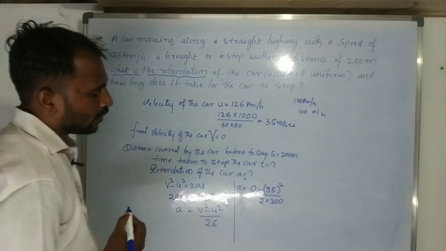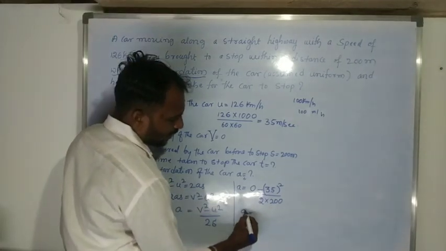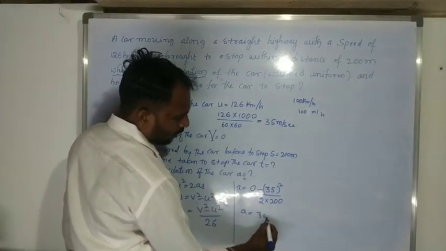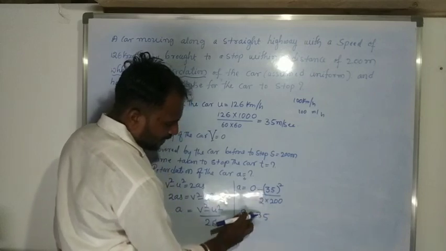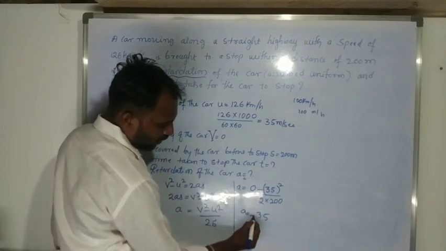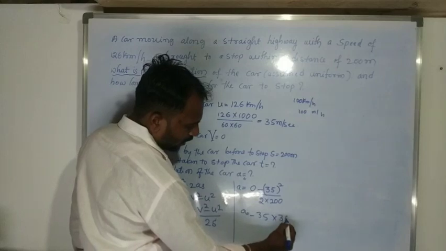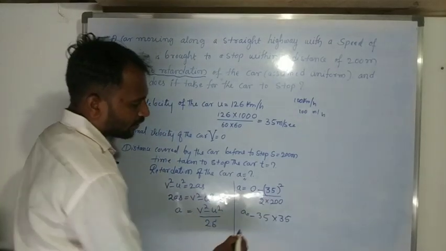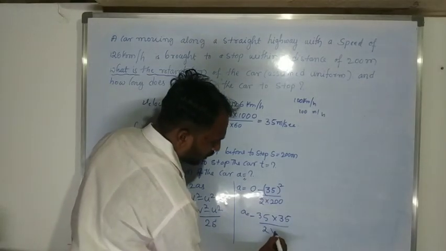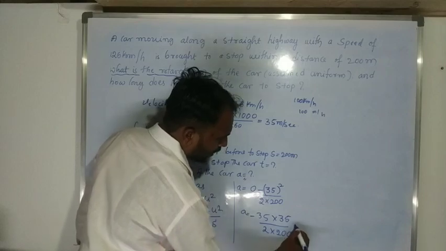So acceleration a is equal to minus 35 into 35 divided by 2 into 200.